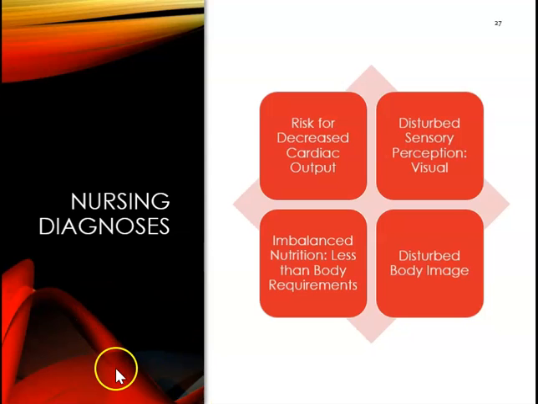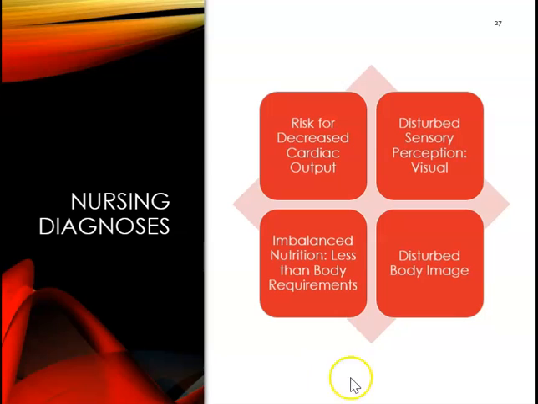These are going to be some of your nursing diagnoses. When I think of nursing diagnosis, I think of what I'm going to be doing for the client while they're under my care. So the first one is going to be risk for decreased cardiac output, and that's going to be because of the tachycardia. Disturbed sensory perception, that's going to be visual.